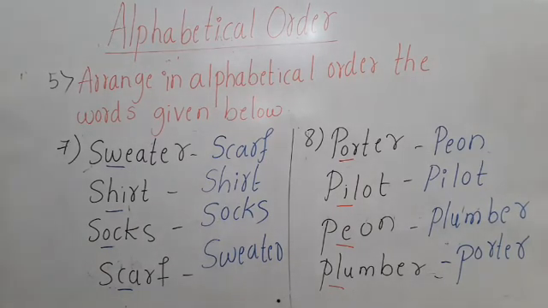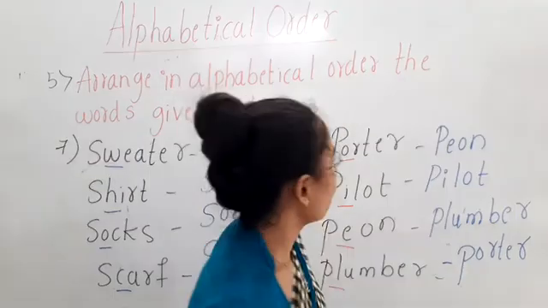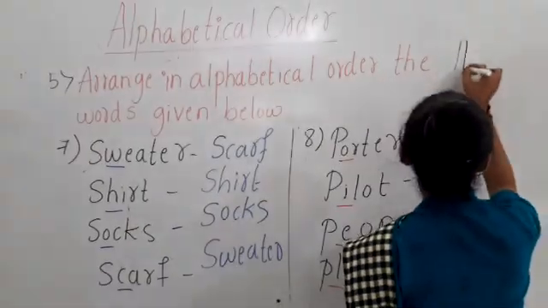While arranging we have to look at the letters. If all the letters are same in the beginning, we have to look at the second letter. If the second letter is also same, we have to look at the third letter. So like this we have to write the alphabetical order words.